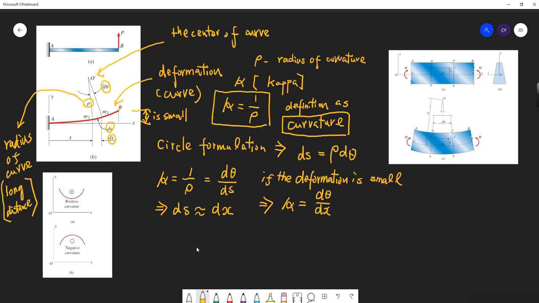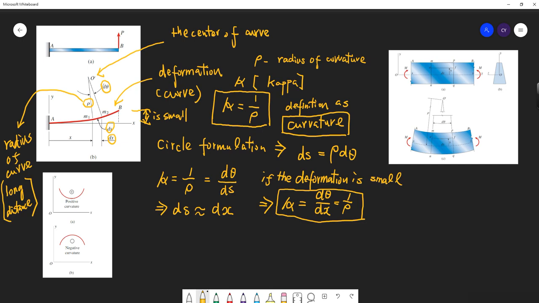This is a very important result now, because kappa is equal to d theta dx, and also equal to the reciprocal of radius of curvature. Please remember, this is our very important result until now.